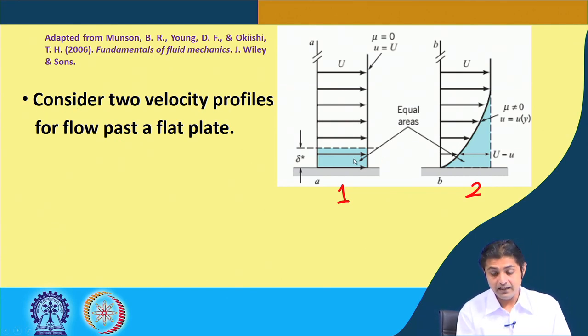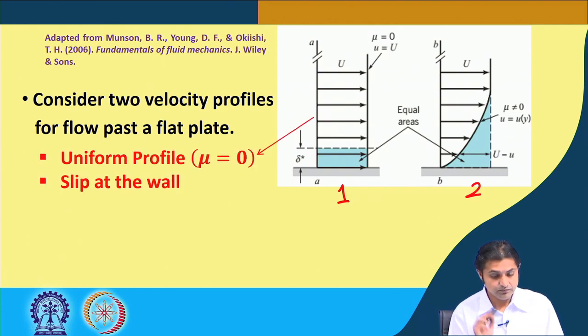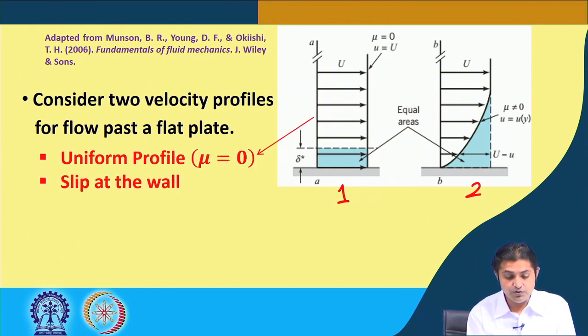I will explain these terms as they come. So, this is a uniform profile, where mu is 0. So, there is no viscosity, and there is going to be slip at the wall. Here there will be no slip condition.